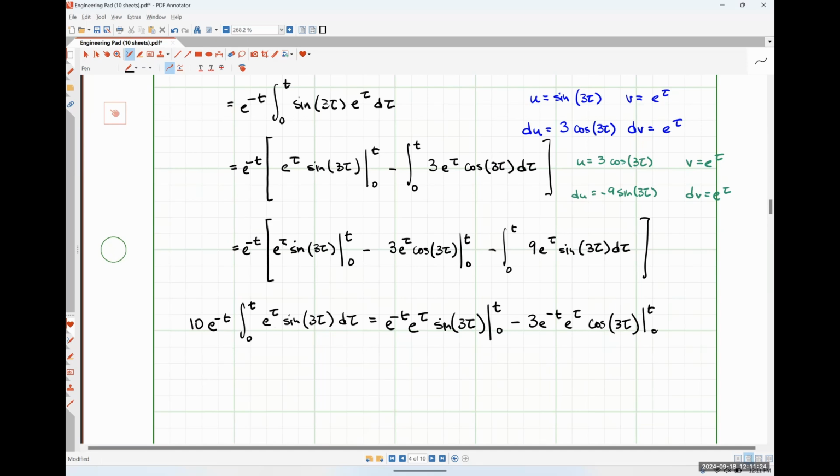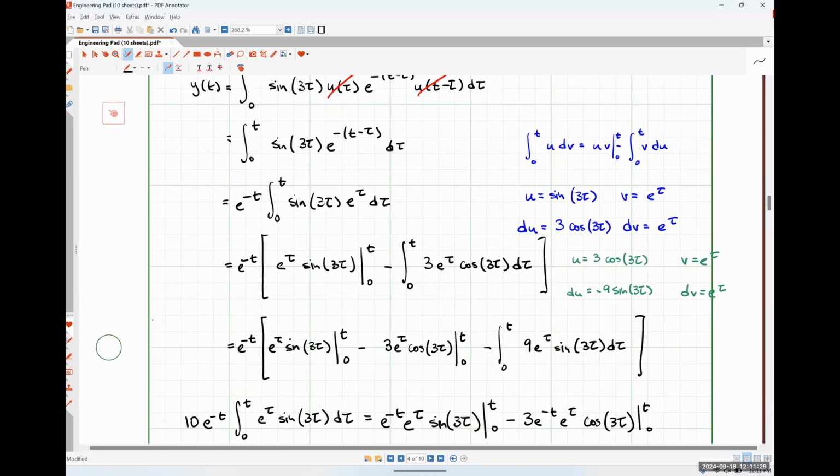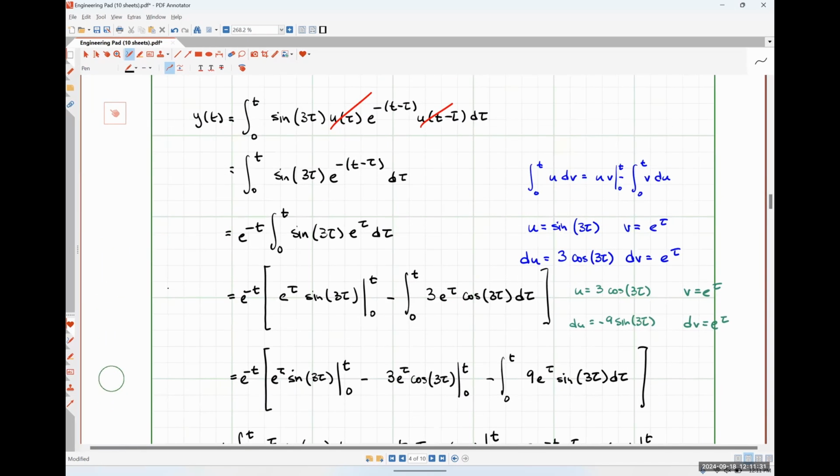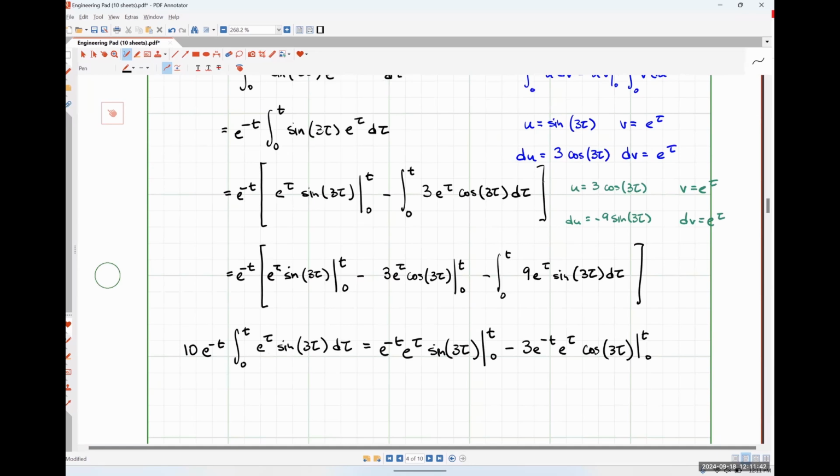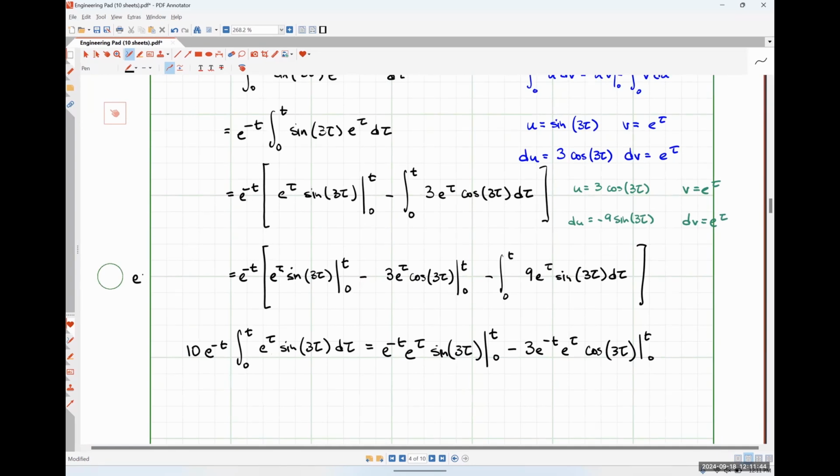I hear some whispering, so I feel like I lost you guys with one of my algebraic steps. Yes, Colton. Where'd you get the 10 from? Okay, so let me sort this out again. I'm going to take this part right here because I know that y of t is equal to this. I'm going to rewrite it right down here. e to the minus t integral from 0 to t of e to the tau sine 3 tau d tau.